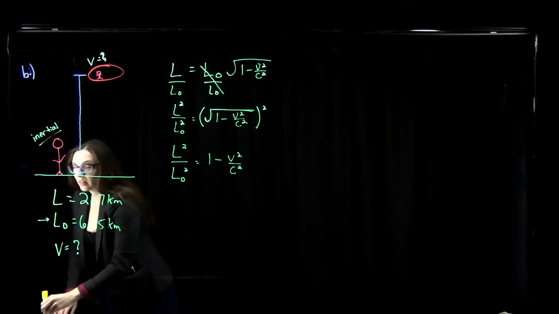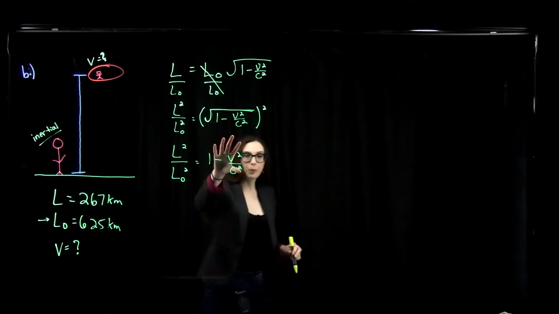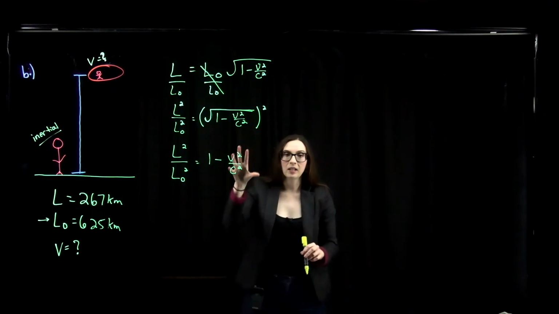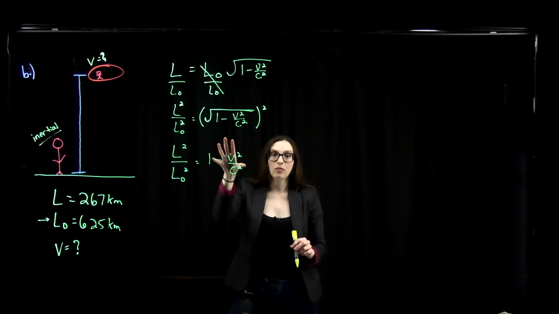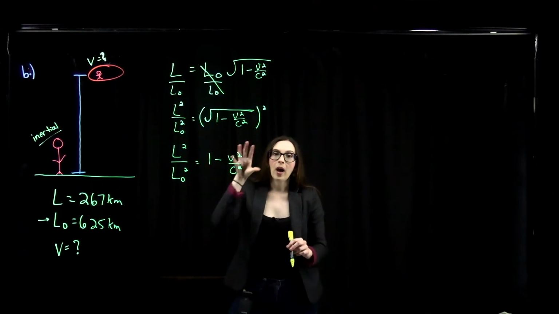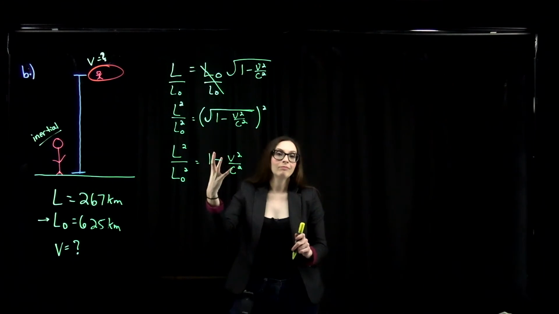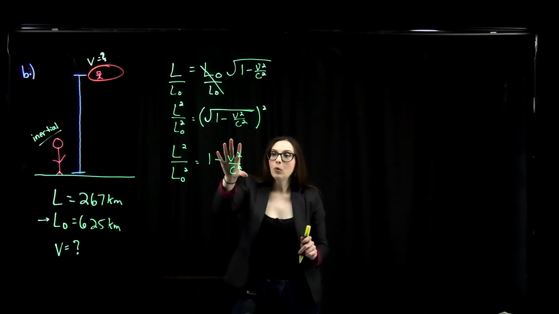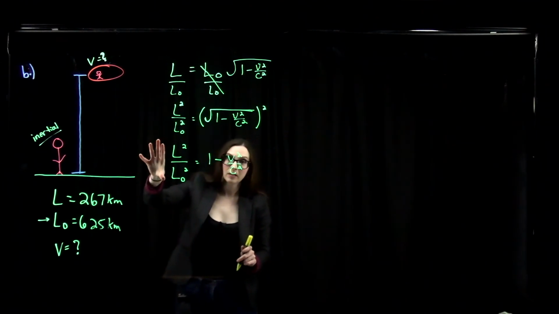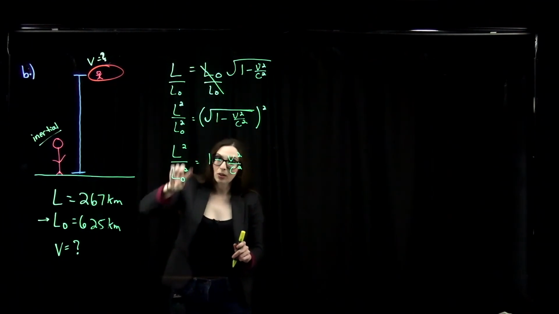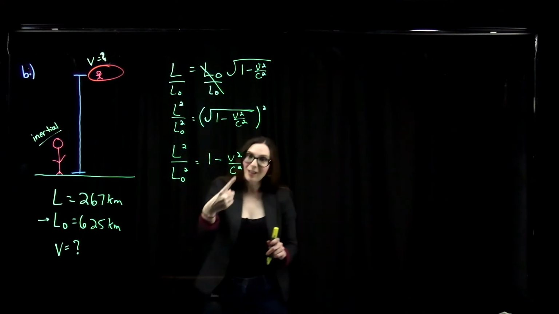I've got to take this term right here and isolate it. This term has the v that I'm trying to get by itself. So what I'm going to do in this step is take this term and move it to the other side.